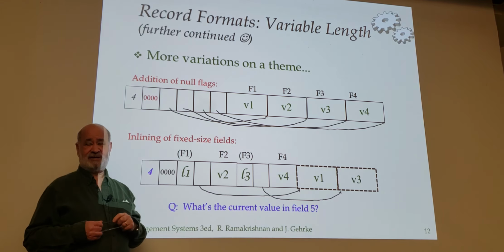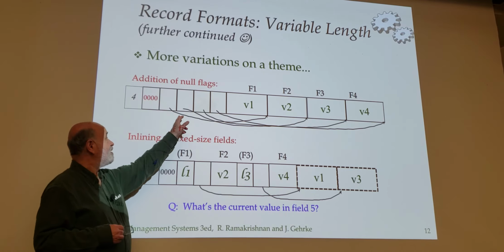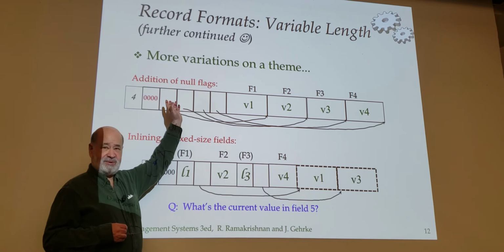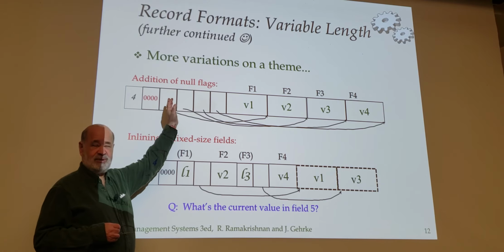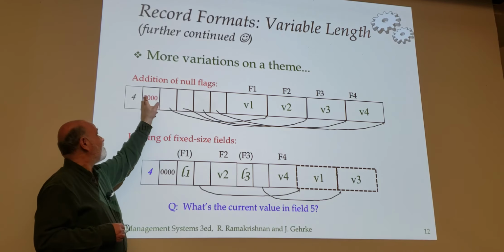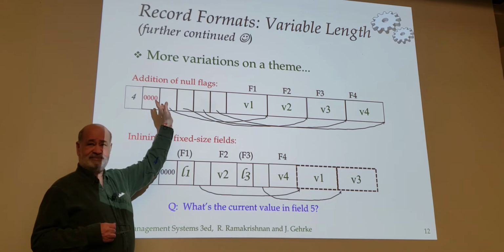You know where they begin and you know where they end. And by the way, to make things simpler, you might as well have a position here even when a field is null, even though it's not going to be relevant. So you don't want to play the game of null versus not null over here. If there are 4 fields, you're going to have 4 things here, even if the bit is 1.